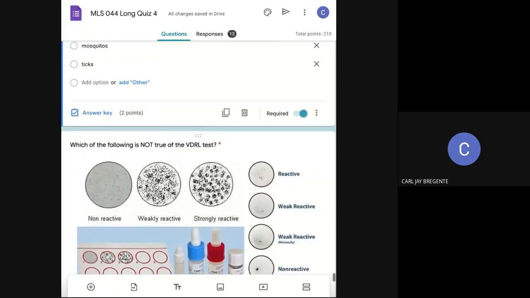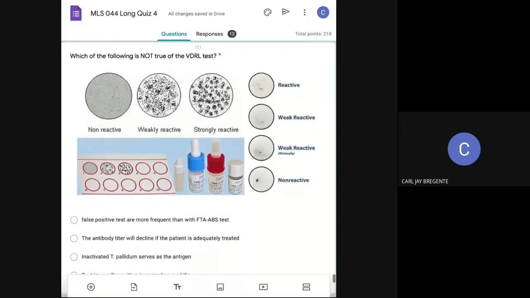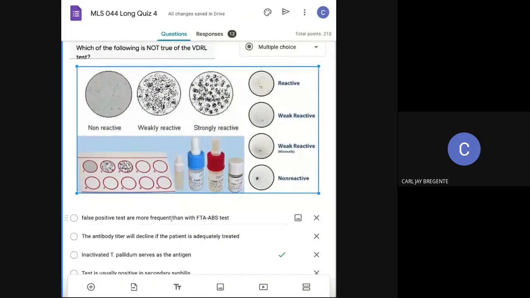So, which of the following is not true, by the way, of the VDRL testing? Inactivated T. pallidum serves as the antigen. Both of them cause false positives. The titer will also decline if the patient is adequately treated.